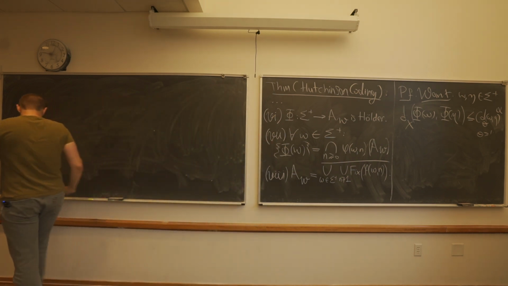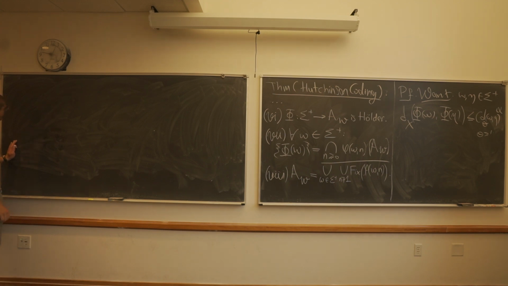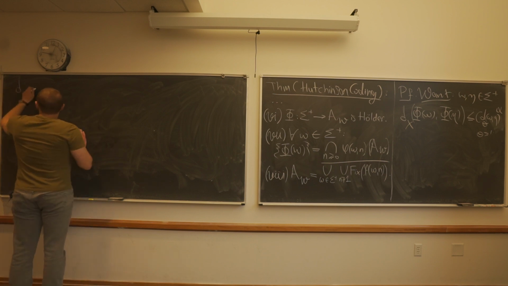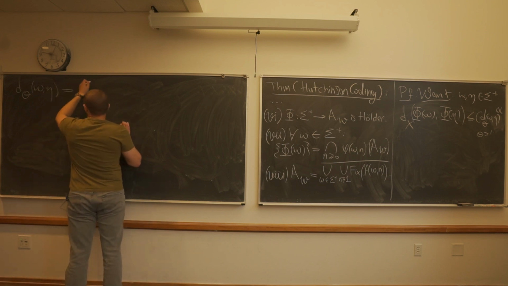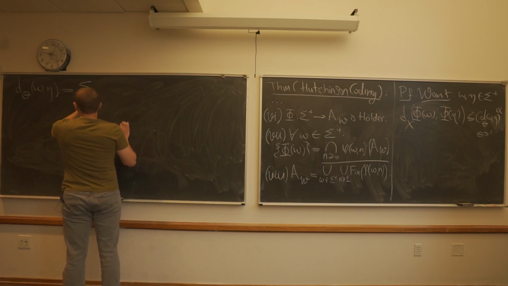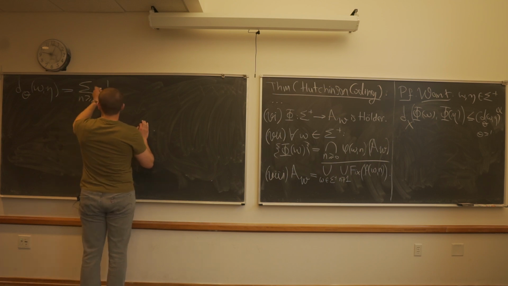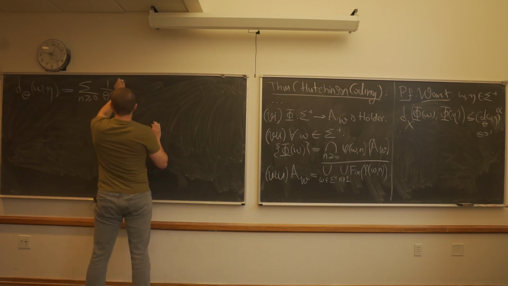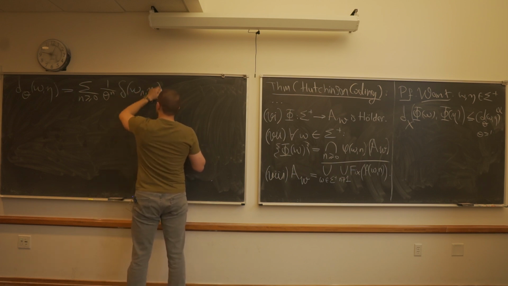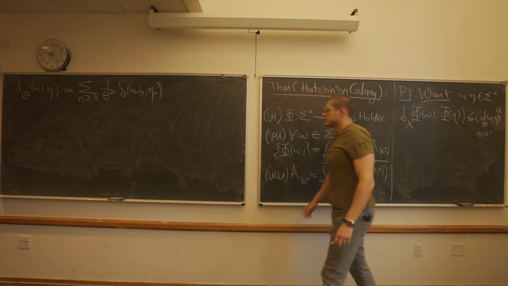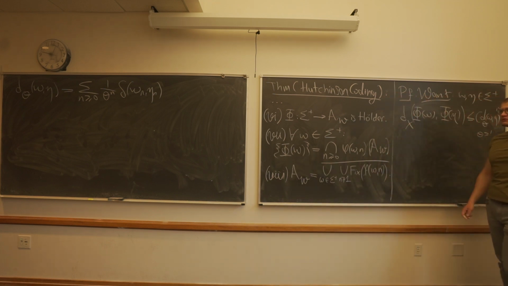Okay, so let's recall this d theta metric. Theta is fixed, okay? This was an infinite series. Let's use this definition. Delta of 2 things here was the discrete metric.